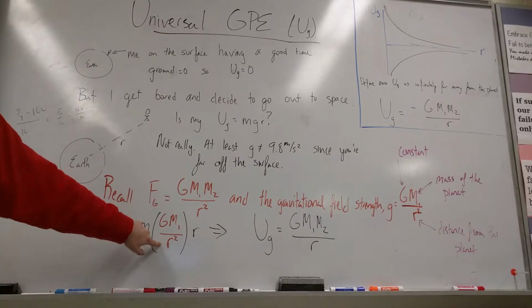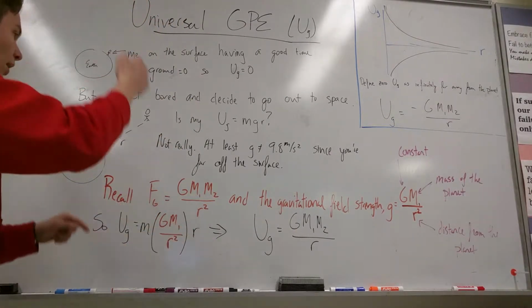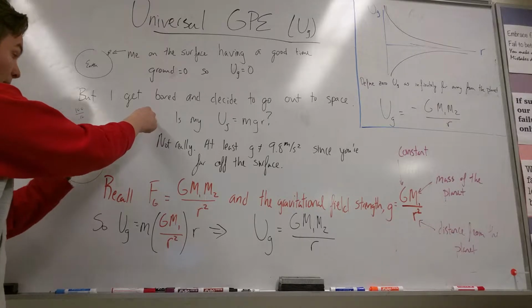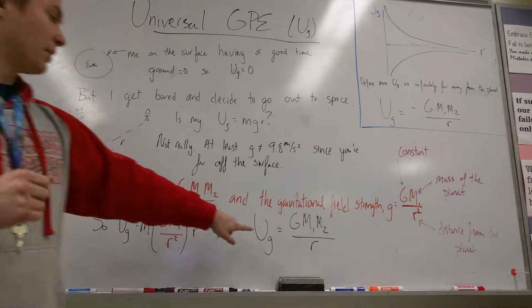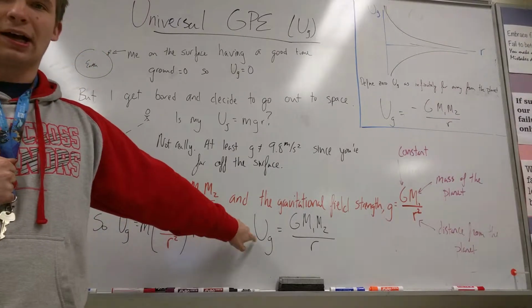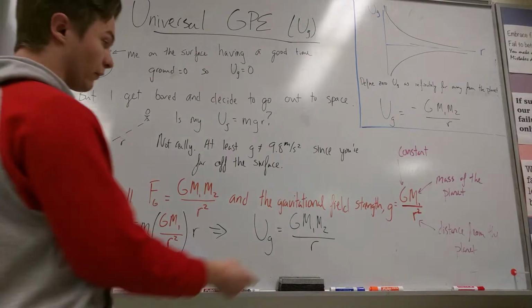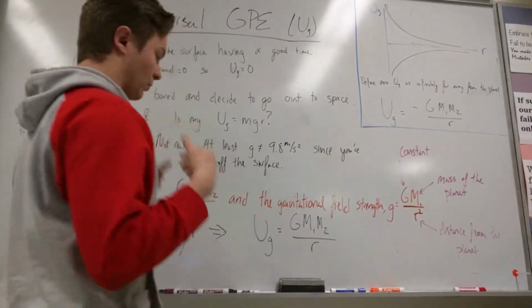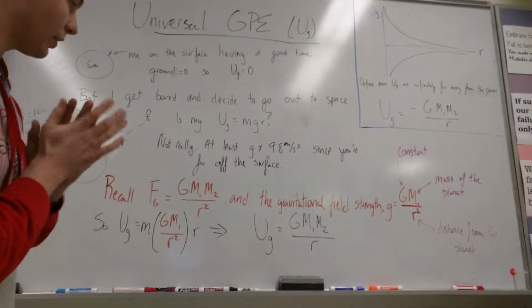So this would be some g that should be less than 9.8, and I could use the r, the distance I am from not the surface, but from the core of the Earth. That would give me my gravitational potential energy, and this applies anywhere in the universe, where two objects will feel some gravitational tug between them, and that's stored in potential energy.